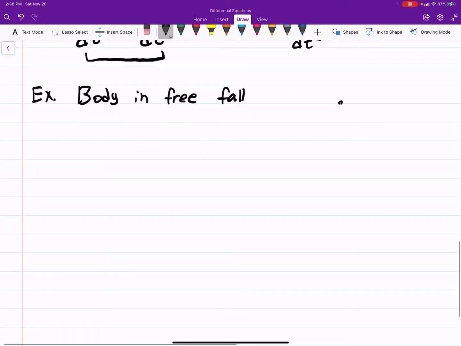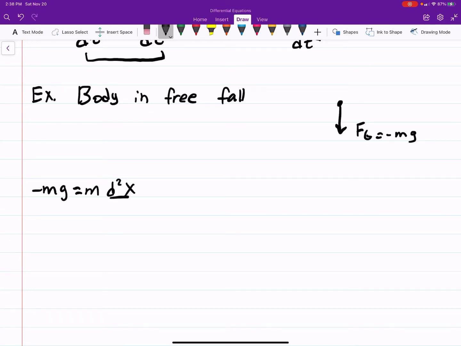If you drew a free body diagram, of course, you just have the force due to gravity. So then we can say minus mg equals m times the second derivative of position with respect to time.